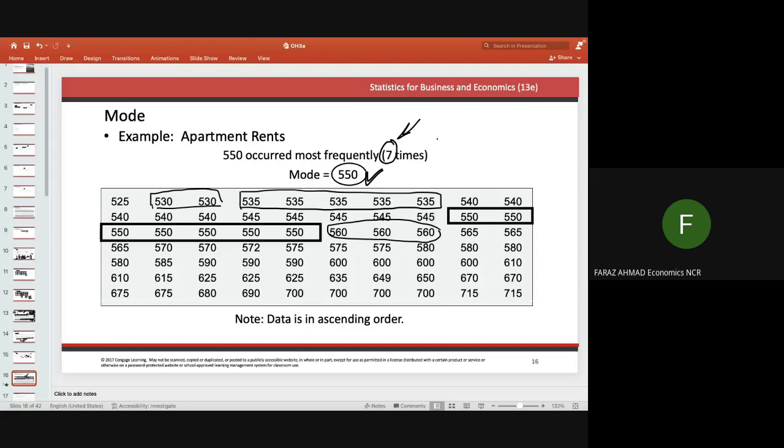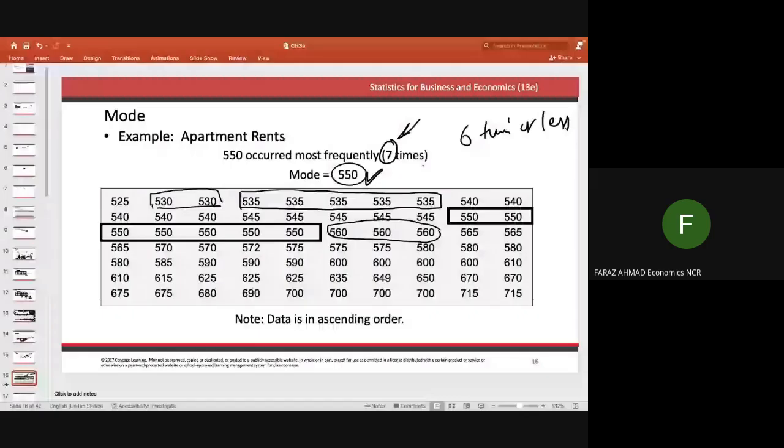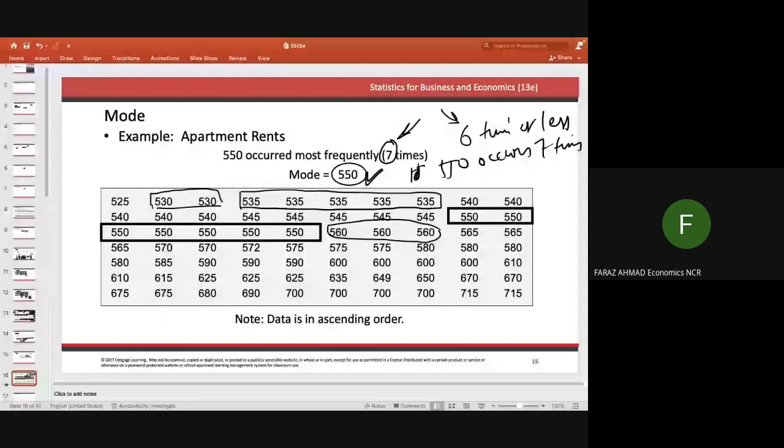And all other values are occurring 6 times or less, maybe 5 times, maybe 4 times, maybe 2 times, right? But none of the values is occurring 7 times except 550. So 550 is the most frequently occurring value. So mode is 550, right?